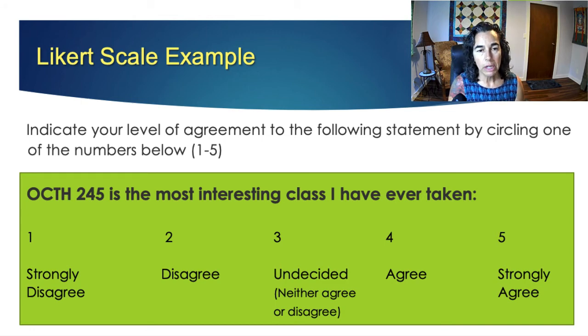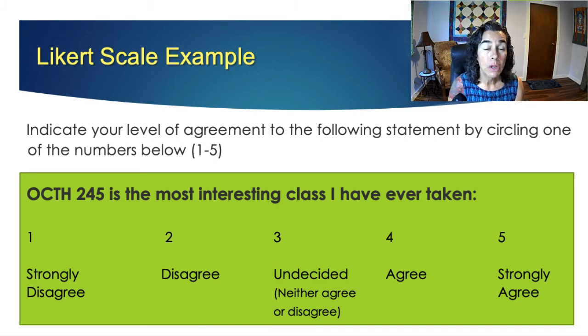And then the question is, or the statement, it's not a question, it's actually a statement because you have to agree or disagree or somewhere in the middle. Does that make sense? We're not asking them how much, we're not asking them a question about something. We're making a statement and asking them to indicate their degree of agreement.